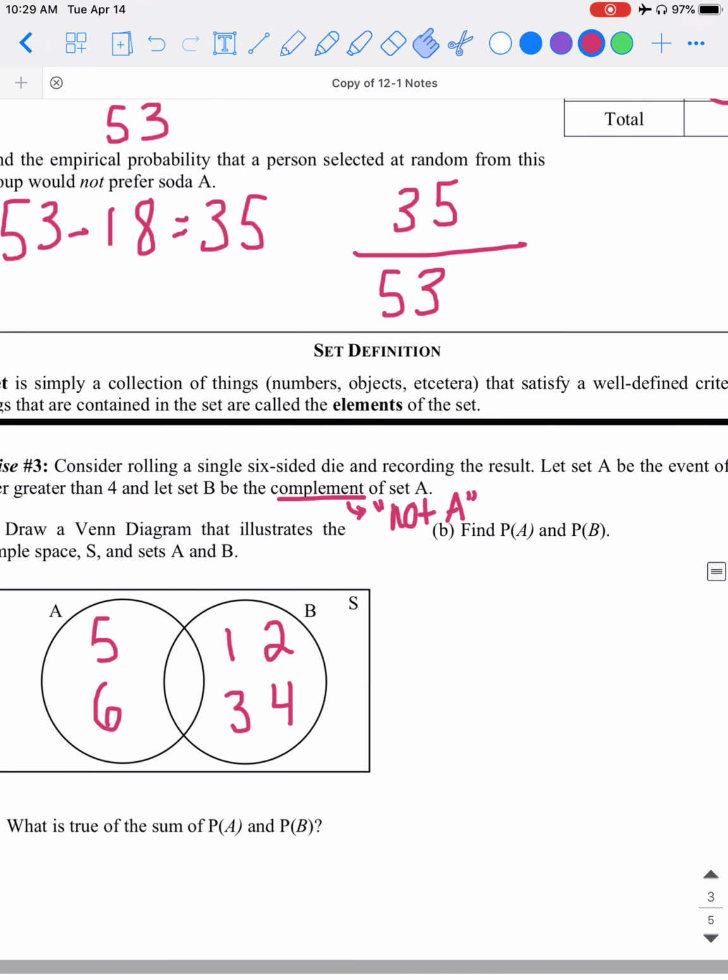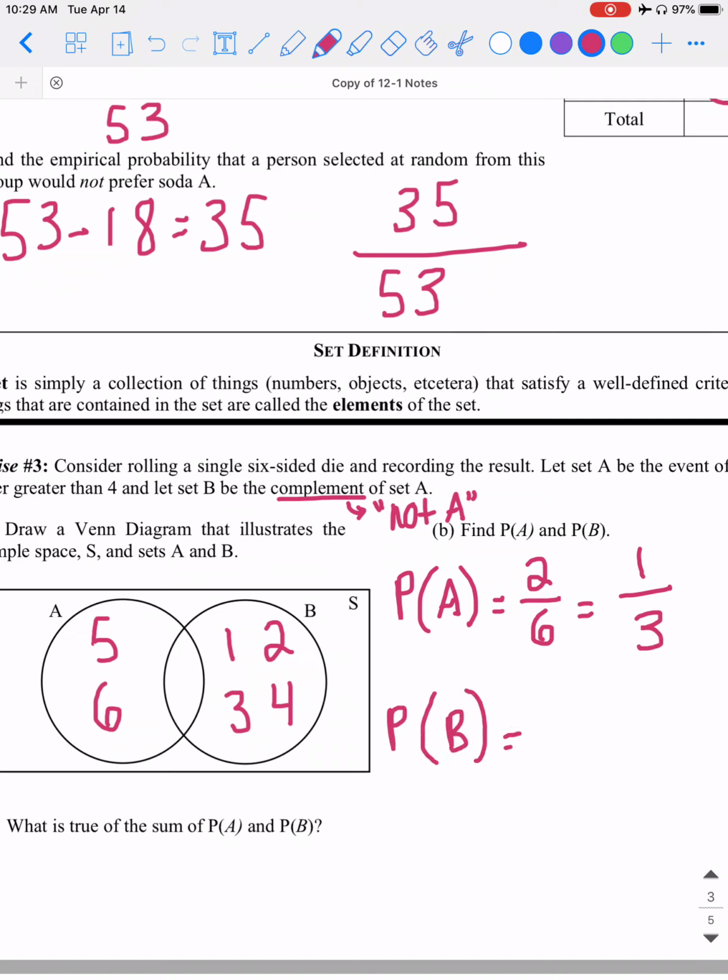Now part B says find the probability of A and the probability of B. So P of A is 2 in our circle over there out of the total 6, which is equal to 1/3. And the probability of event B occurring would be 4 out of 6, which simplifies to 2/3.